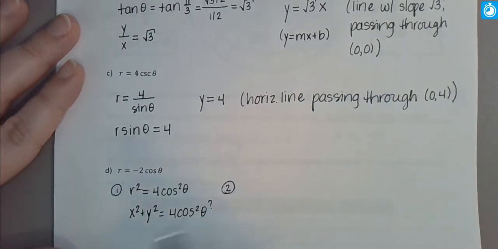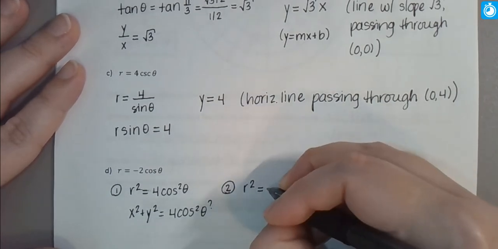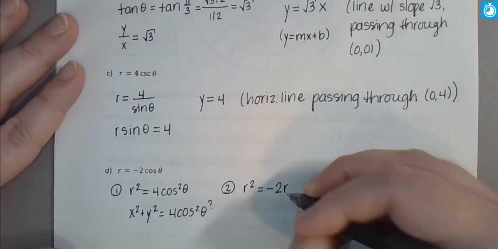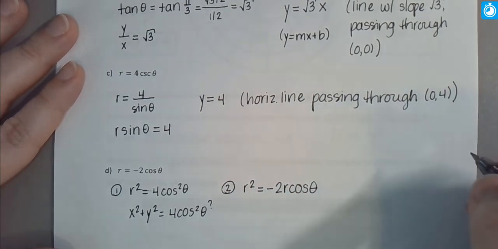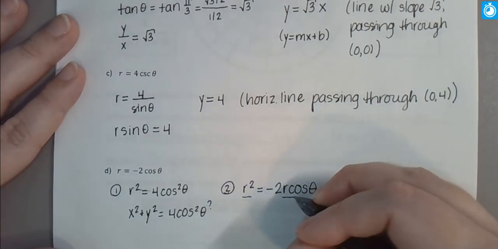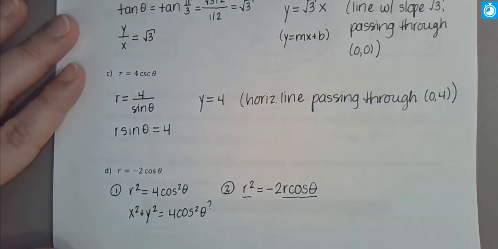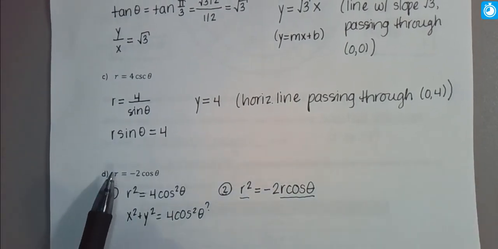So imagine multiplying both sides by r. So we end up with r squared, and then if we do the same thing on the other side, we have -2 times r times the cosine of theta. And now we're going to be able to use that substitution for r cosine theta. And again, that resulted from multiplying both sides by an r.